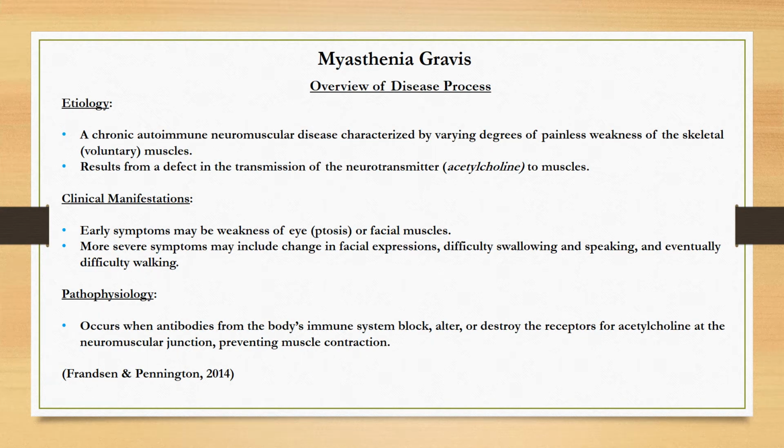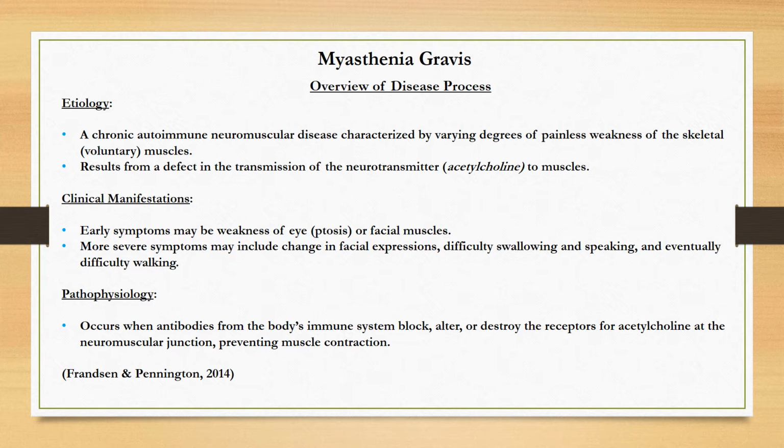So let's first talk about myasthenia gravis. When I think about this particular disorder, I always think about muscles, and you can see the M starting the name of the disorder is M, so muscle, and think about muscle gravity.